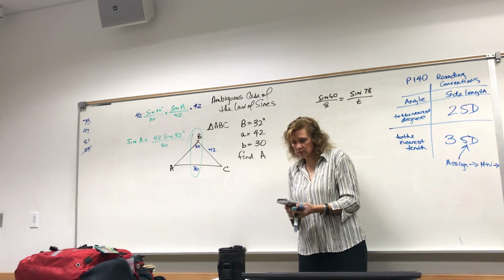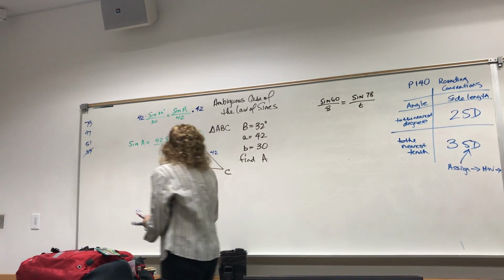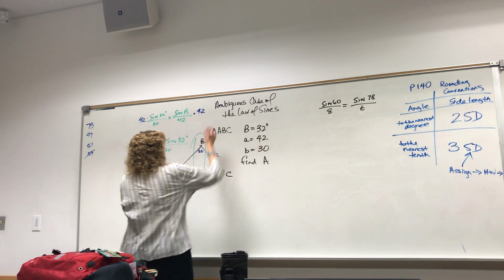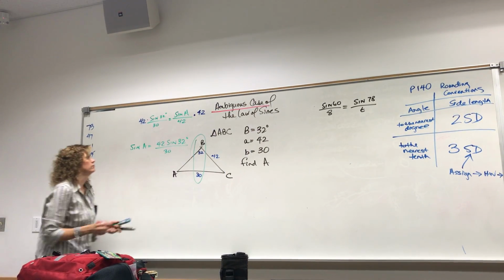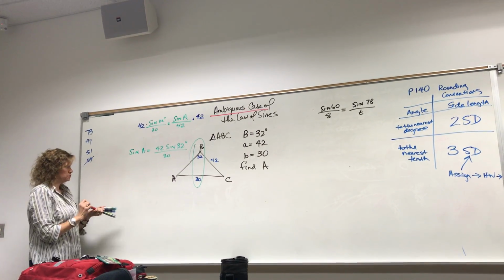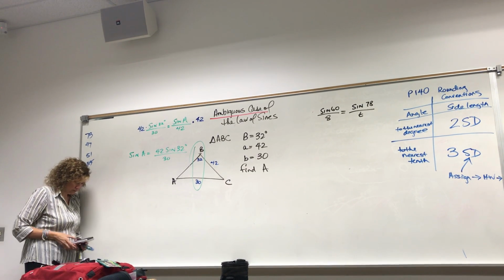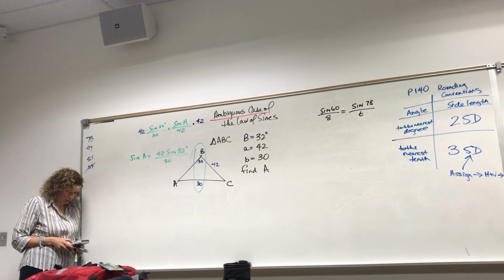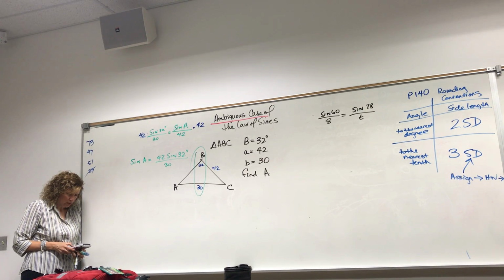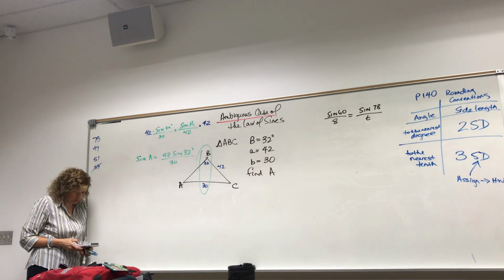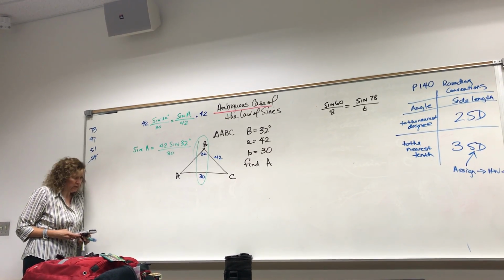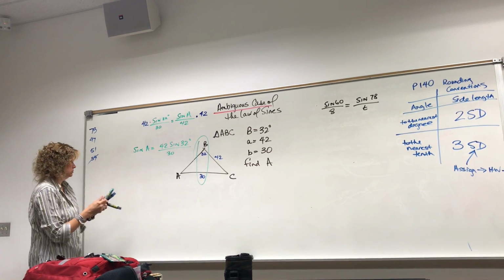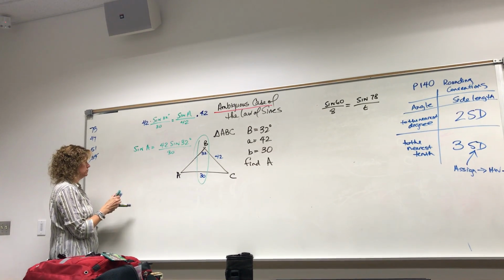All right, this is where we've got to be careful. Why do we have the ambiguous case? Okay, let's punch up 42 times the sine of 32. Close your parenthesis, divide it by 30. 0.7. Wow. That's weird.